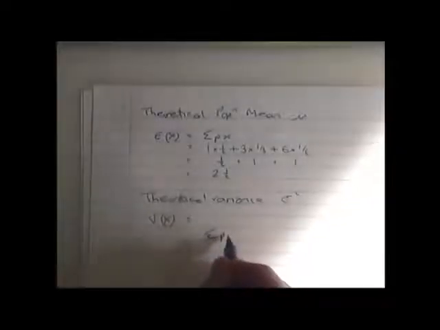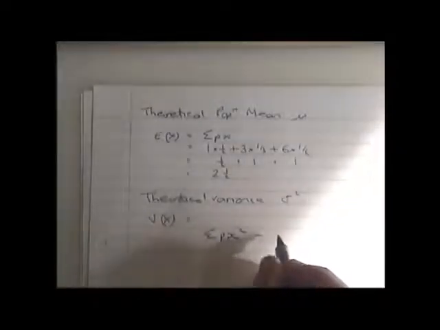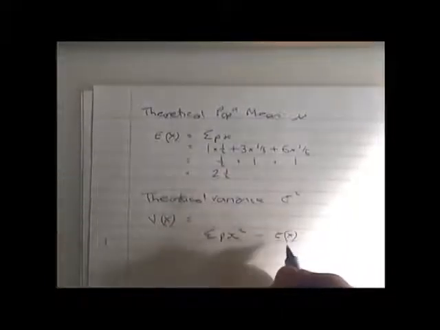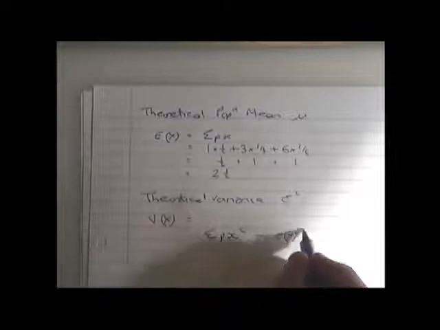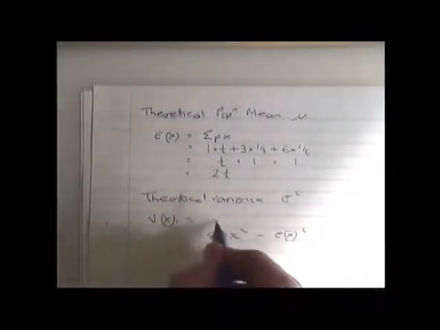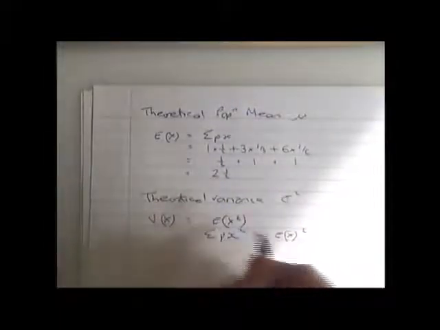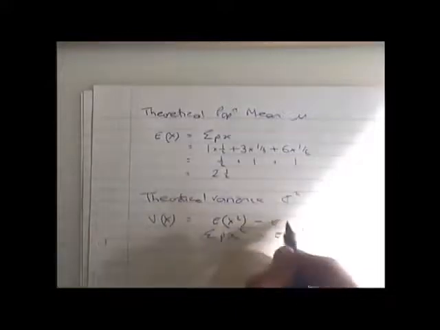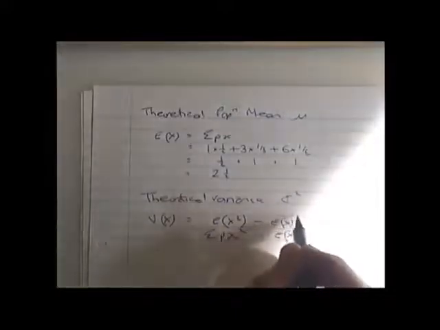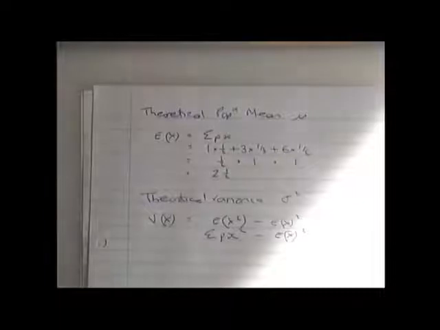X squared p? Minus something. Minus the expectation of... Okay, and this bit here we sometimes call the expectation of x squared. So it's the expectation of x squared, take away the expectation of x, all squared. With a pause there to show that you're squaring different things.